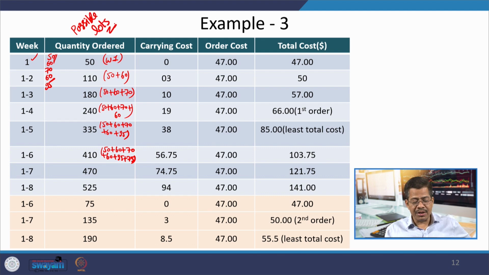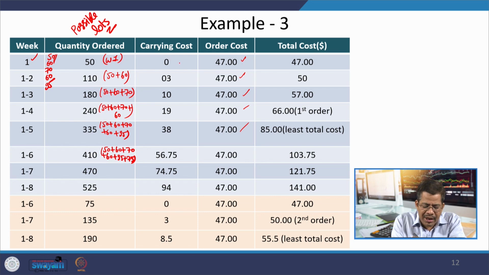The carrying cost and the ordering cost, if it is 47, whatever is your lot size, that is the 47. Now, carrying cost will depend on how many items you are going to carry for one period, because if you are ordering only 50, all 50 you are going to consume in one cycle.